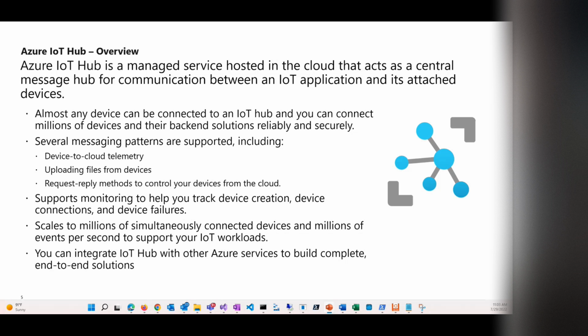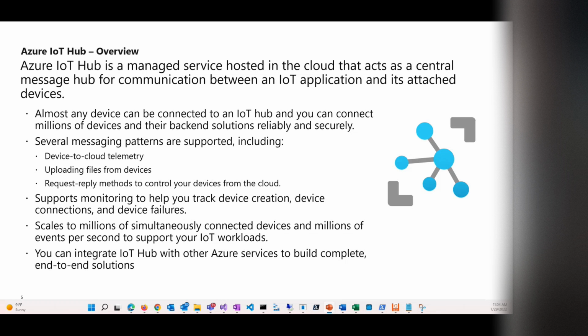I mean, it can get messages from those devices, and at the same time, it can talk to those devices as well. So it can send commands to those devices. So, for example, let's say that there is a device that needs an update. It can send that, or a device that needs to change its status to something else. It can send a command to that device.